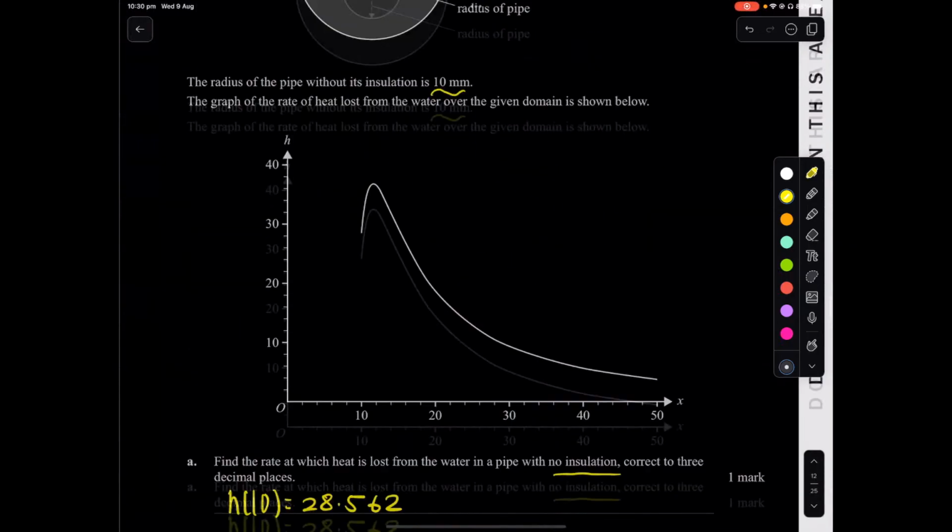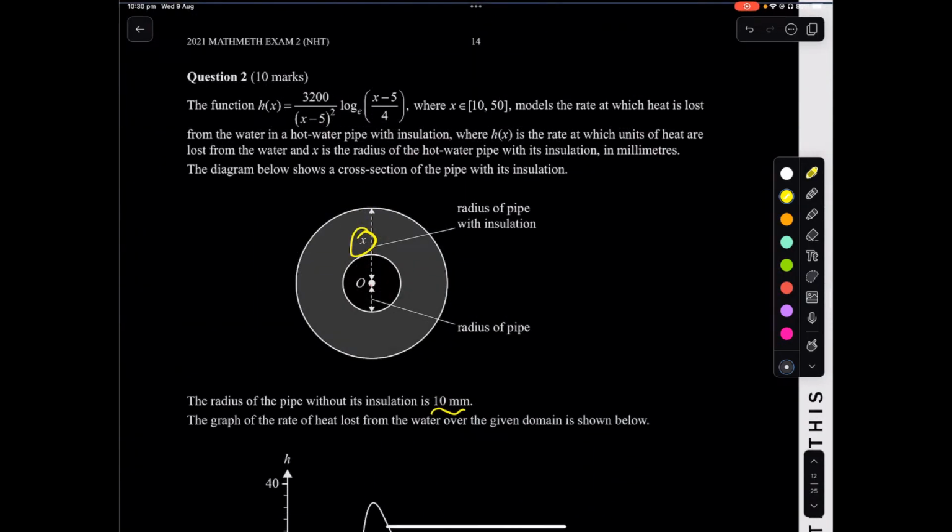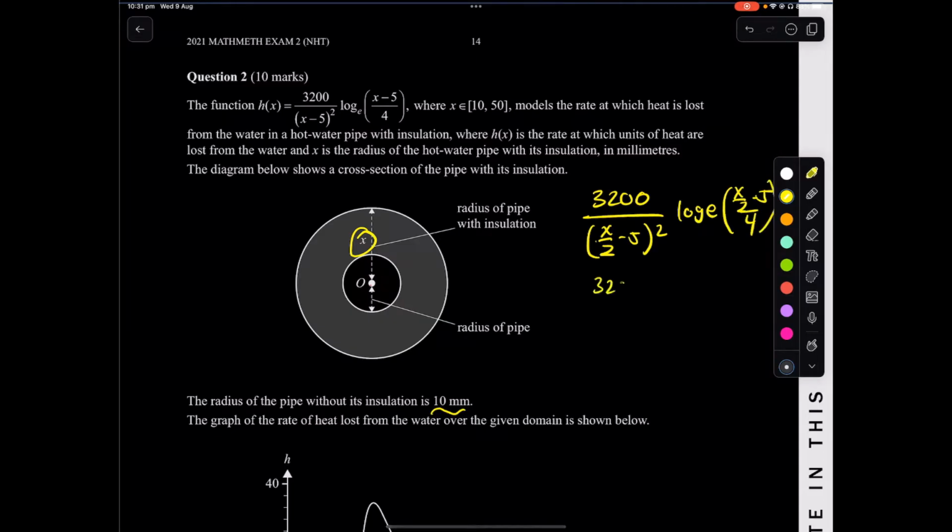So we know, okay, so if we sub in, so that's 2000 over here. Let me say h of x over 2. Let's say x over 2. So (x over 2 minus 5) squared, log e of (x over 2 minus 5), over 4.